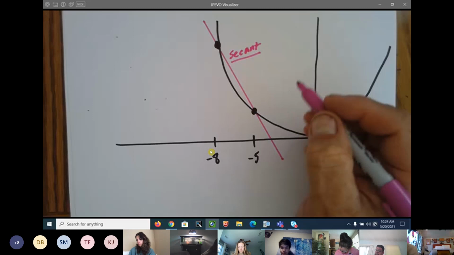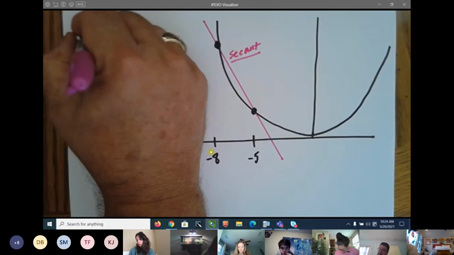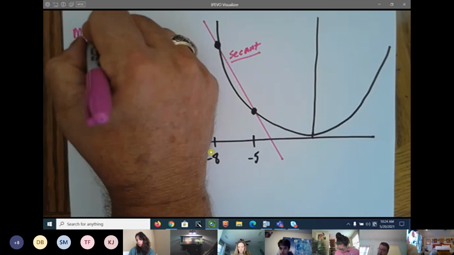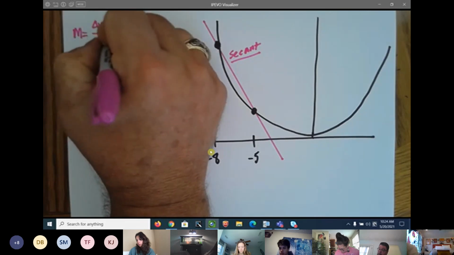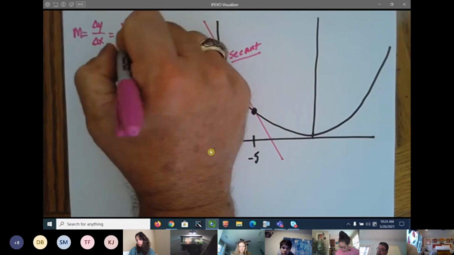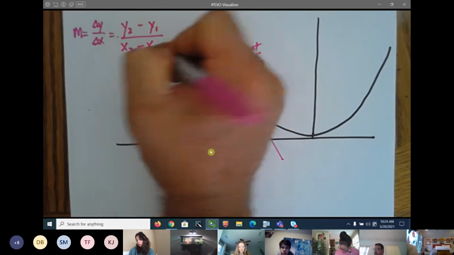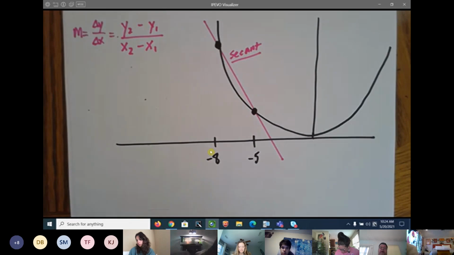So let's do m is equal to delta y over delta x, which is equal to y sub 2 minus y sub 1 over x sub 2 minus x sub 1. Oh, well, this is a piece of cake. All we got to have is two points, right?